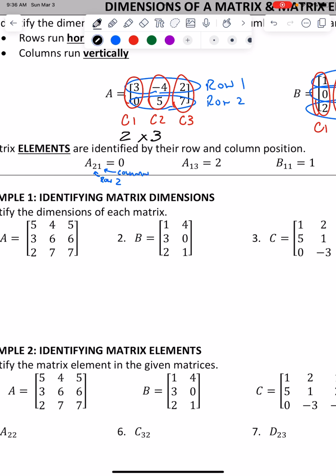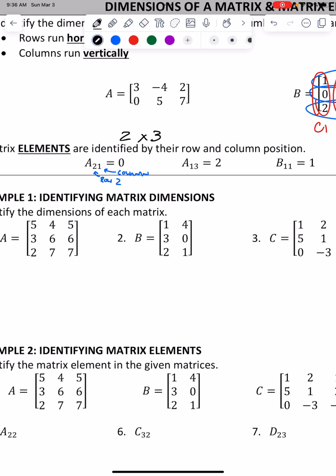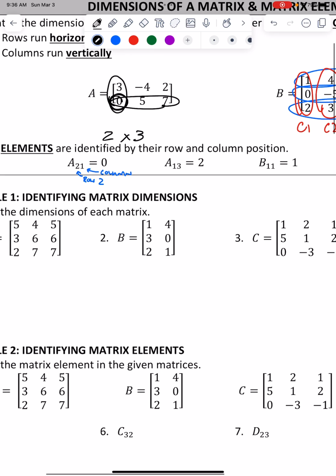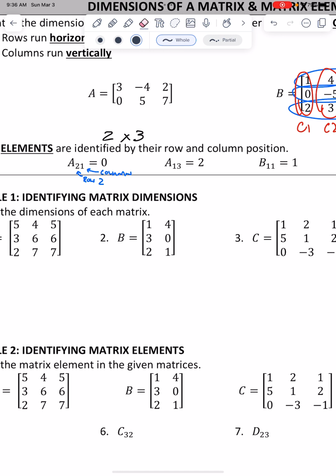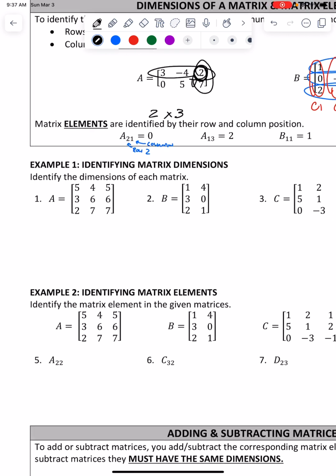Row 2 would be this one, and the first column would be that, right there. A13 would be row 1, column 3, which would be 2. So that's how we're going to identify matrix elements.